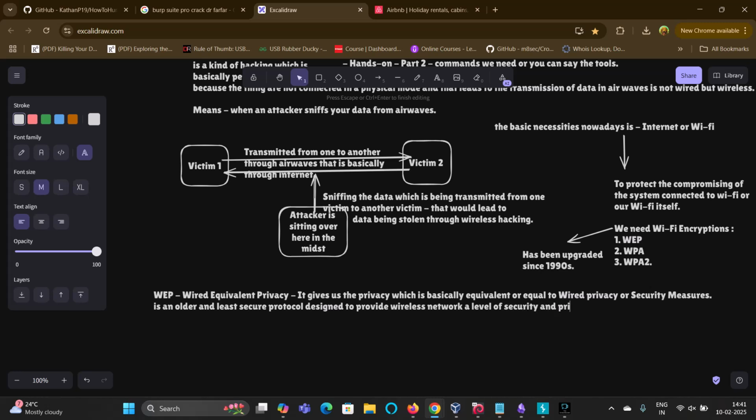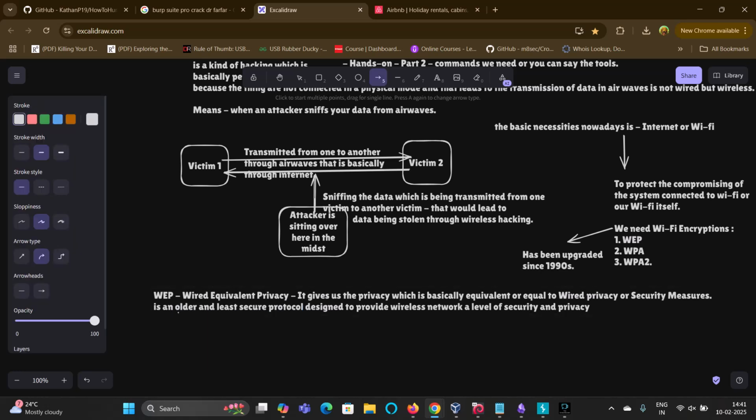It basically uses static keys, making it easier to crack over time. Now, as I already mentioned, it is an older and least secure protocol, so we can see that it basically uses static keys.